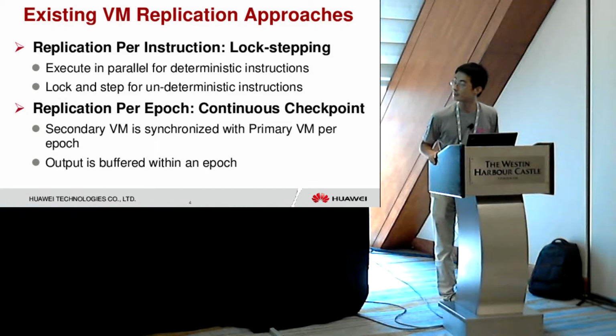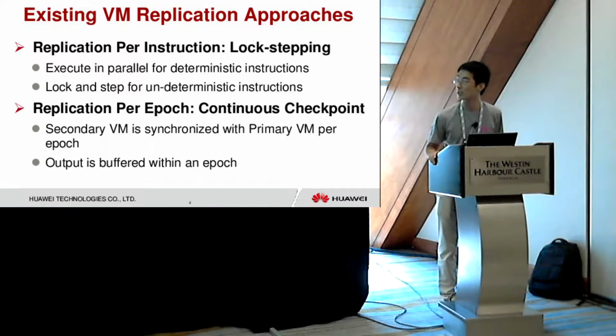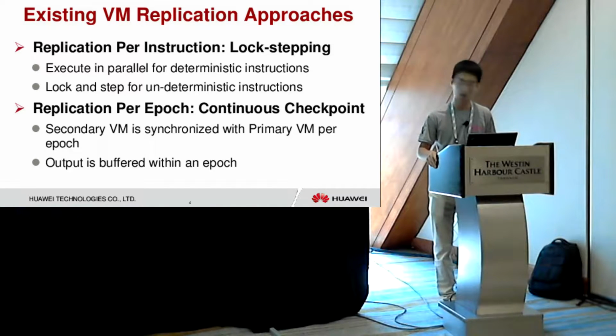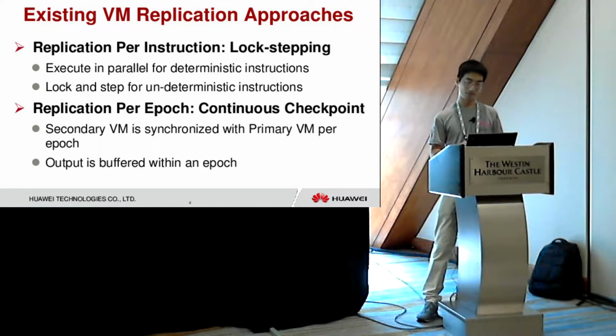Another VM replication approach is continuous checkpointing. In this approach, the VM states are replicated at each epoch. It is well known as periodic VM replication, such as Remus on the Xen platform and micro checkpointing on the QEMU platform.